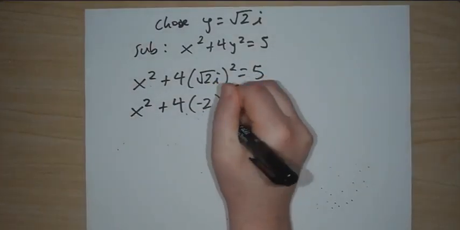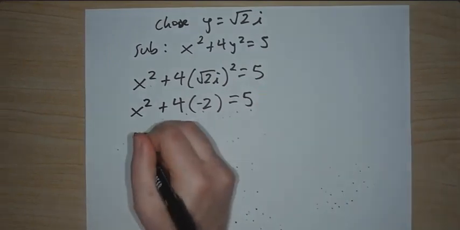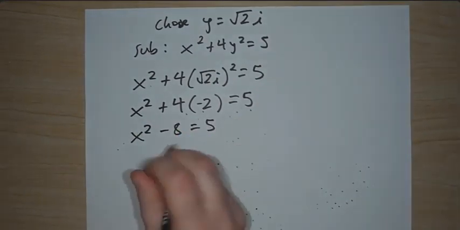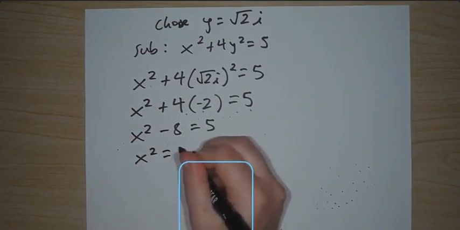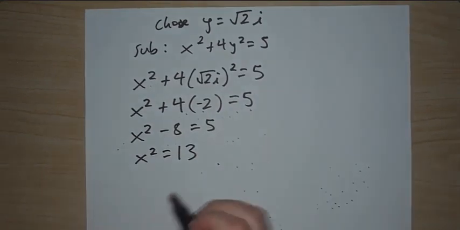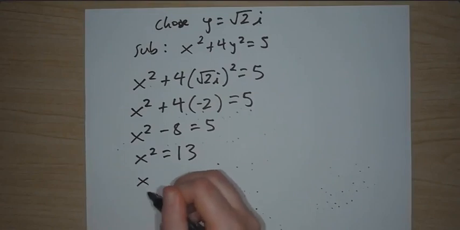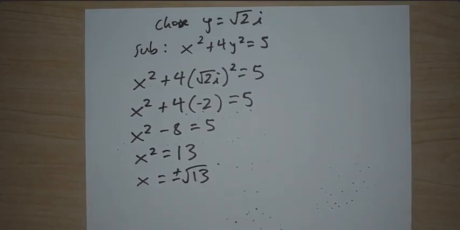So this is just -2 after it's squared like that, is equal to 5. So you have x squared minus 8 is equal to 5, which is x squared is equal to positive 13. And then square rooting on both sides to get rid of the square, we have x is equal to positive negative square root of 13.